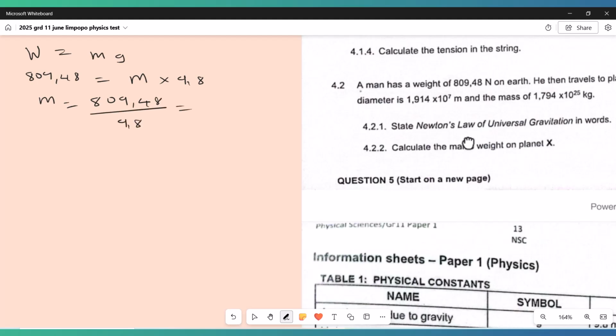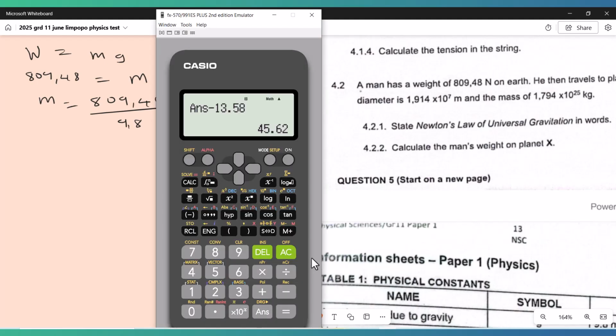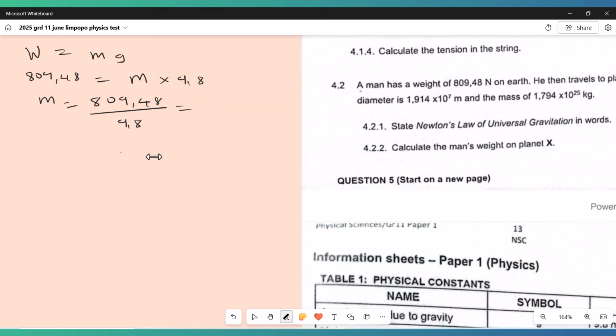On the calculator, 809,48 divided by 9,8, we get a mass of 82,50 kilograms.